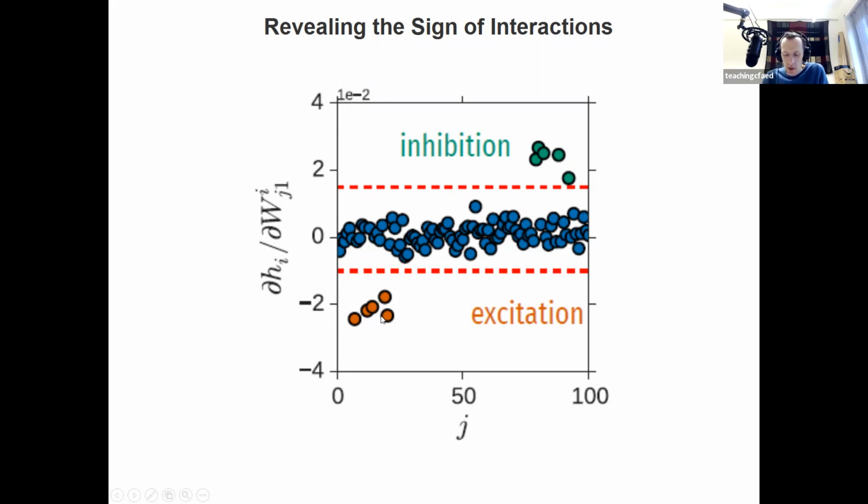It shortens the interval because if you give a positive kick to the voltage of the postsynaptic neuron, it will spike earlier. So the interspike interval will be shorter. That's why this one is a negative value, it's a positive value. And you can, in this case, distinguish the signs of interactions, and the presence and absence of interactions.